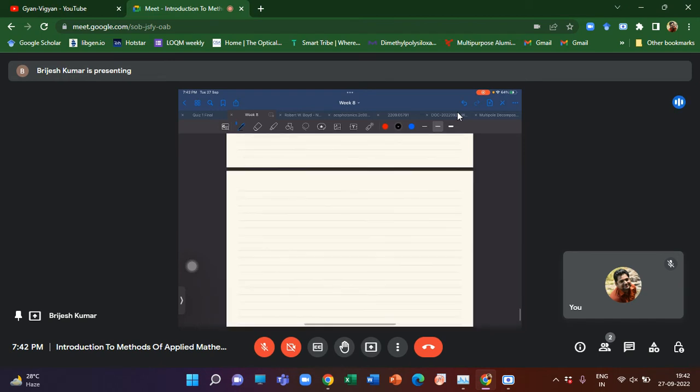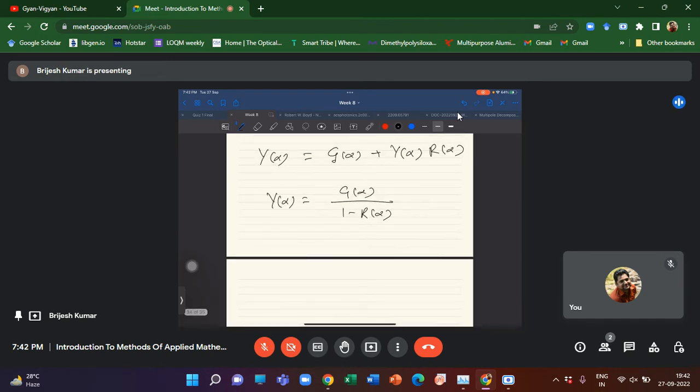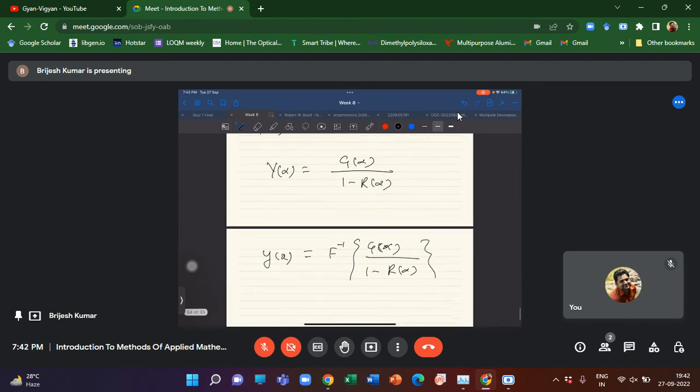So now if we take the inverse Fourier transform, y(x) will be the inverse Fourier transform of G(alpha) upon 1 minus R(alpha).